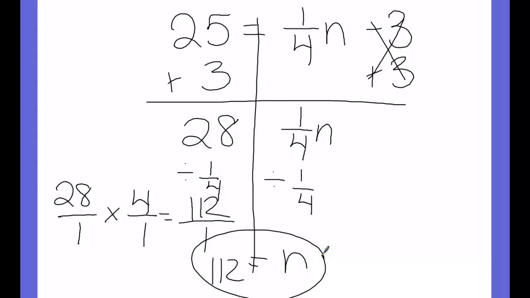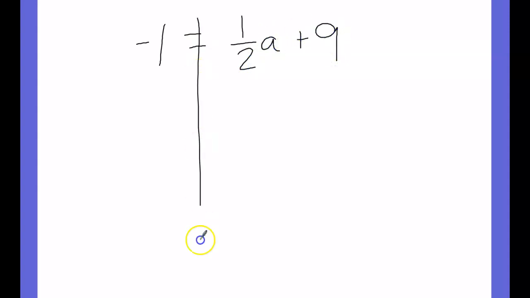Yep. We're going to do this one in your book, so do it with me. You have, on C, negative 1 equals 1/2 a plus 9. We got to get a by itself. What's the first thing that we would do? Subtract 9.